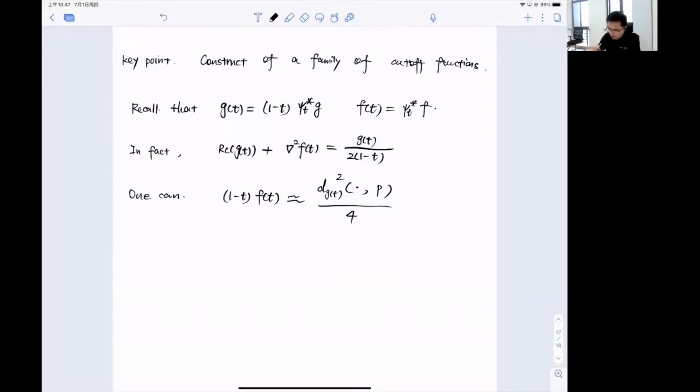Okay, now with those choices, we can define a cutoff function.